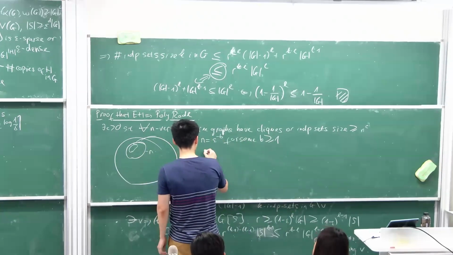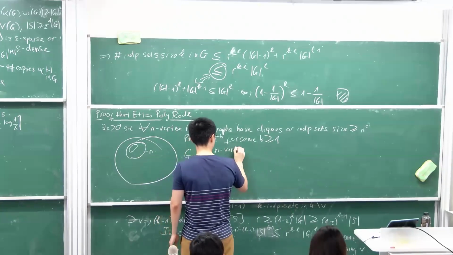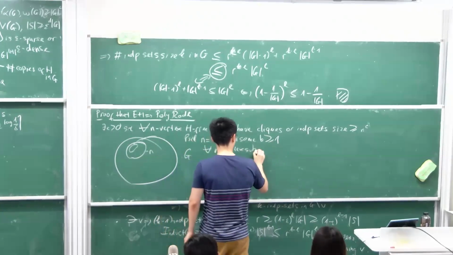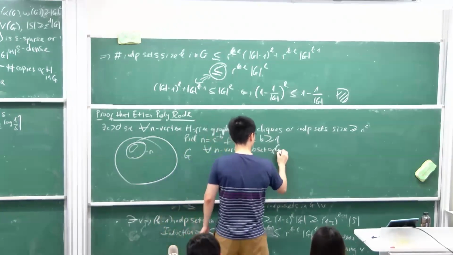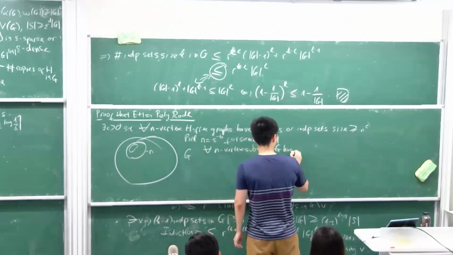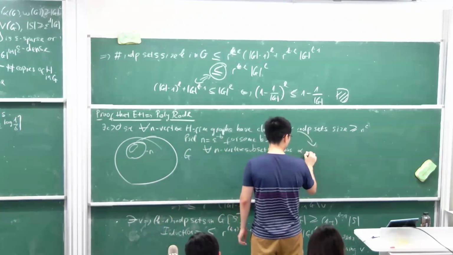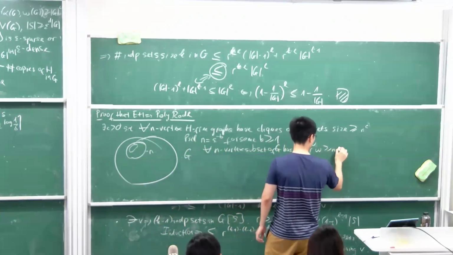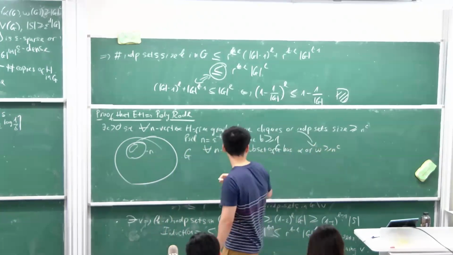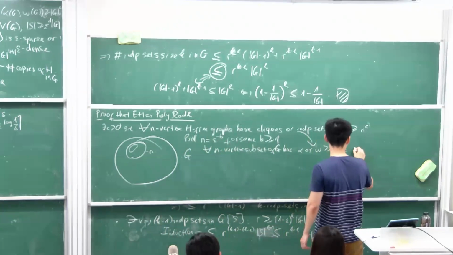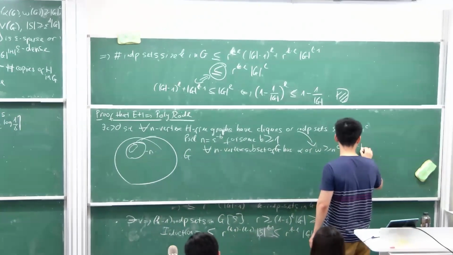So every n-vertex subset of G has the same conclusion, alpha or omega at least n to the c, and this is epsilon raised to the power of minus bc.